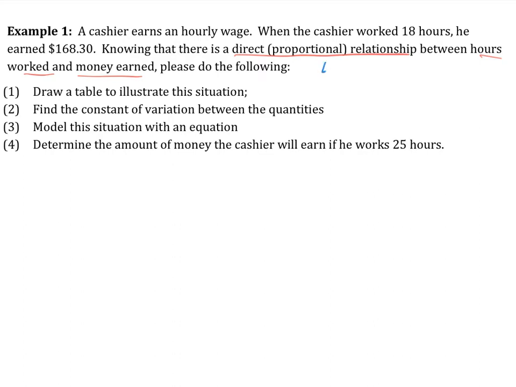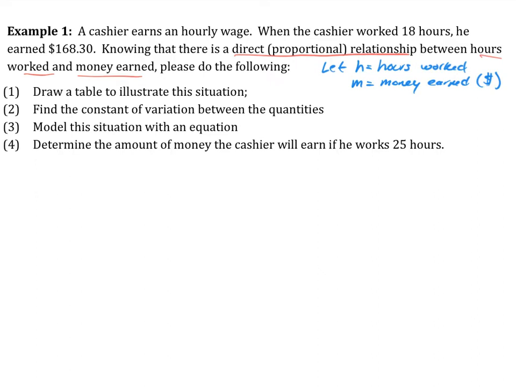So let's let H equal the hours worked, and let's use M for money earned. And we already know the hours worked is going to be in hours, so money earned is going to be in dollars. So now we can use H and M to talk about the relationship between these two quantities.